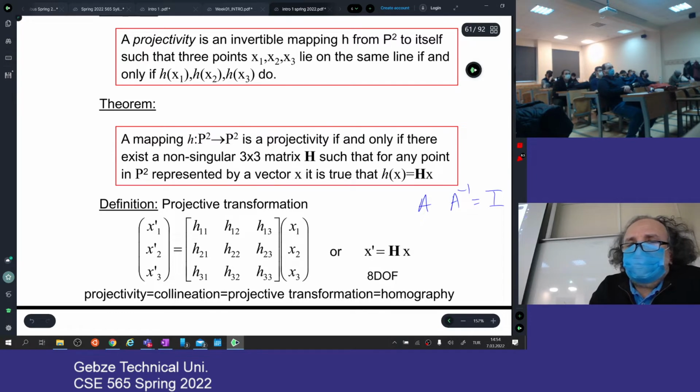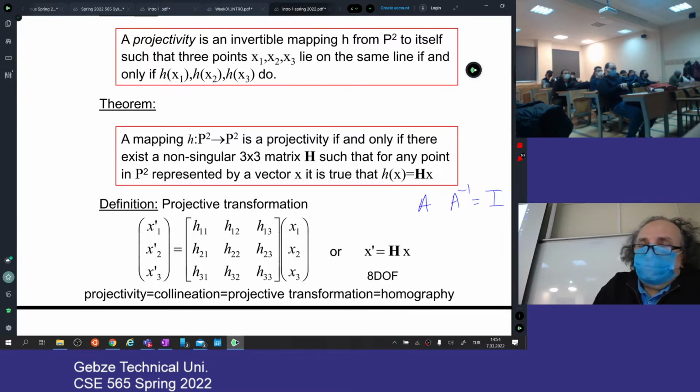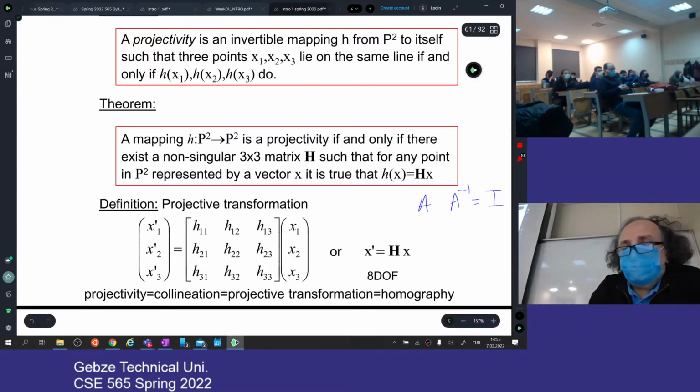So we are saying that this is a projectivity. If I project 3 points, and these 3 points are on the same line, in the other world, they will be on another line. Whatever that line is, doesn't matter, it's a line.